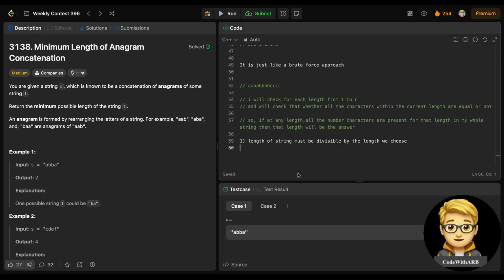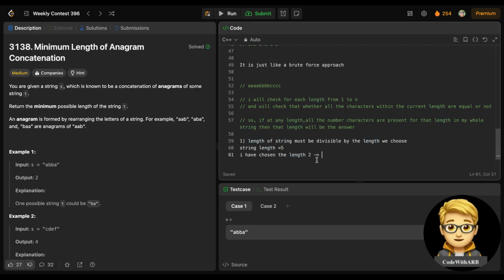Because suppose I have chosen the length 2, and my string length is 5. So this 5 can never be divisible by this 2.